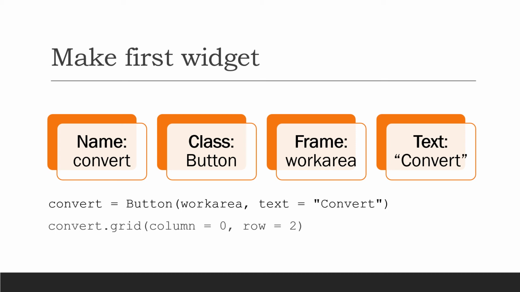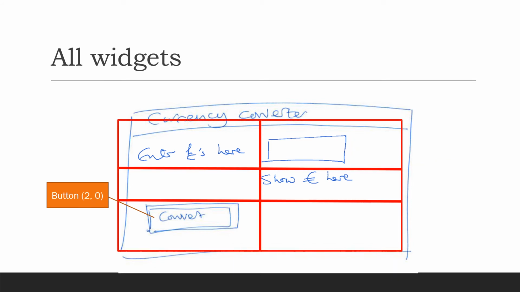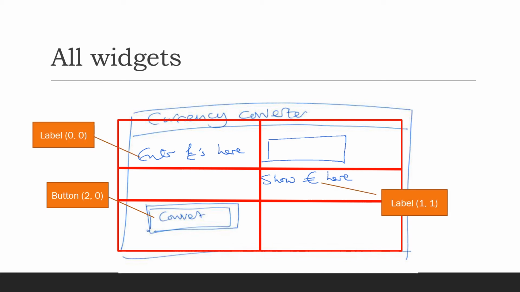At the moment, the window will be really little with just one button in it. So let's put all the widgets on. So there's the button. There's my imaginary grid, and I'm going to put two labels in at 0, 0 and 1, 1, and I'm going to put a text box in at position 0, 1.